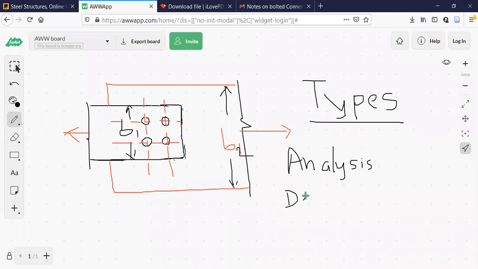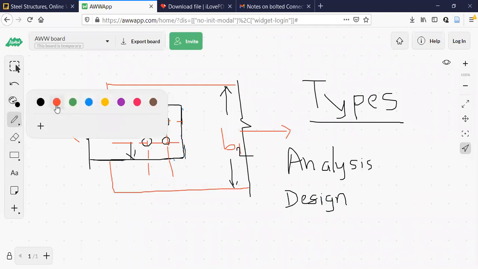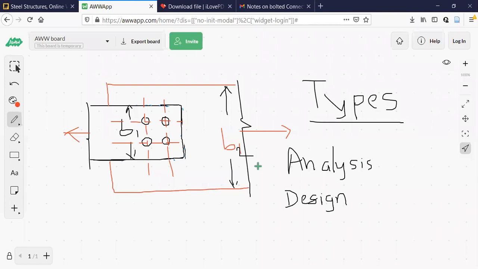Ultimately, the student should be able to design, because in practical life, he has to give the fabricator how many bolts, what is the diameter of the bolt, what is the strength of the bolt, and how the bolts are arranged. Ultimately, he should be expert in those design aspects. So in order to understand design problems, you must solve analysis first, then you should attempt design problems.